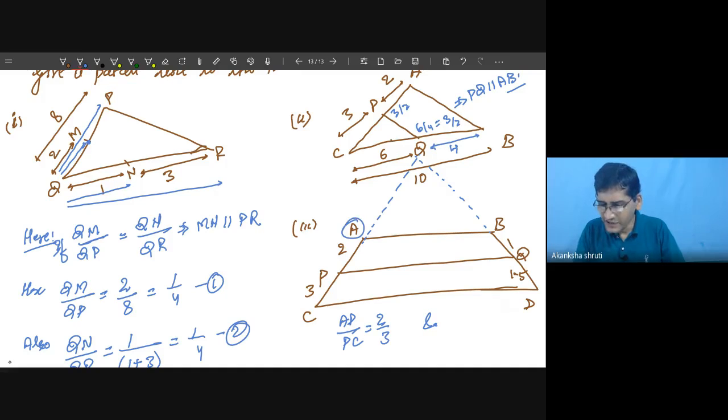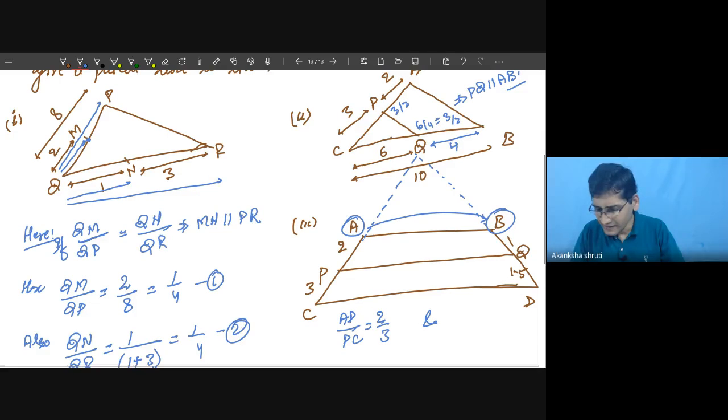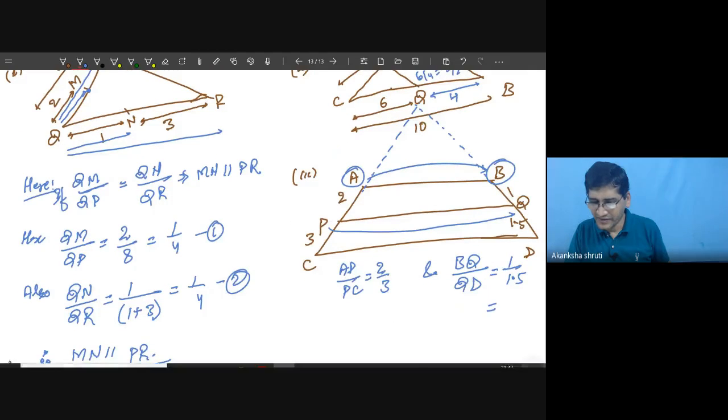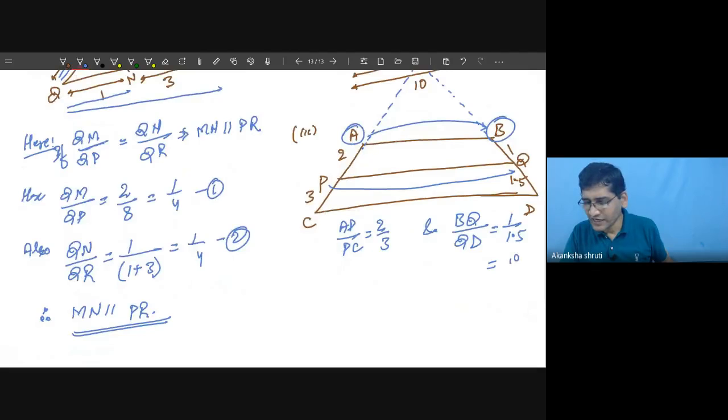Here we have started with A, corresponding to A in this triangle, it is our B. So we have to start with B, corresponding to P, it is our Q. So PQ means B to Q, then again Q. Because on the left-hand side we are taking PC, it will be QD. QD. Take this 1 by 1.5. Again you are getting the same thing or not. So you have to put 10 in the numerator and 15 in the denominator. You may cancel with 5, 2 fives are 10, 3 fives are 15. You are able to get 2 by 3.